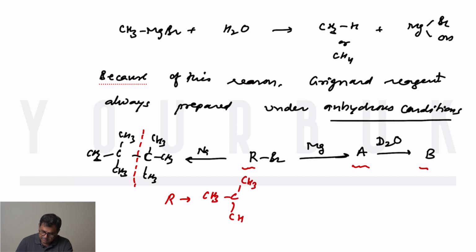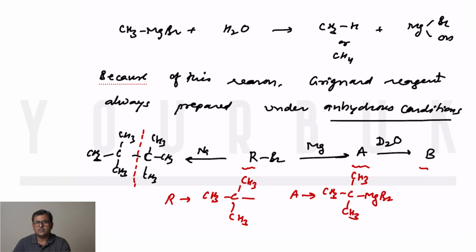Now once we know the structure of R, I can write the structure of A. So my structure of A is tertiary butyl magnesium bromide. Then to write the structure of B, you replace the MgBr by D. So this is the structure of B. So this way you can attempt the questions.